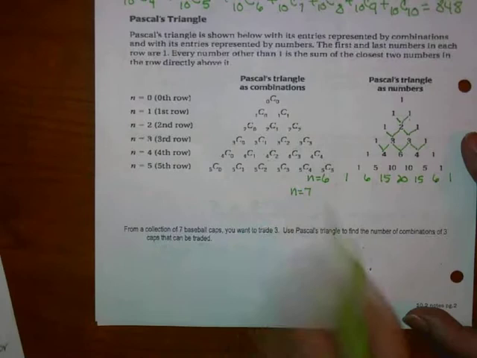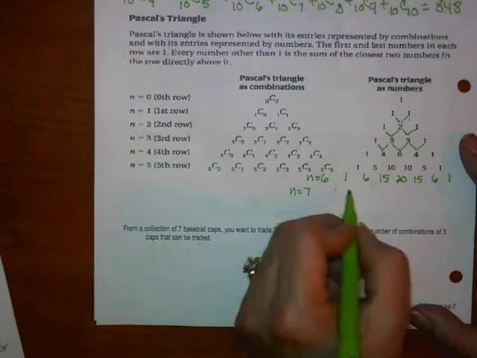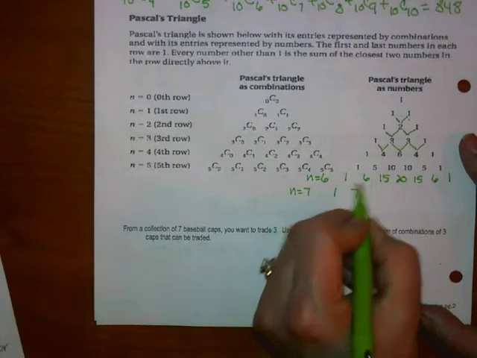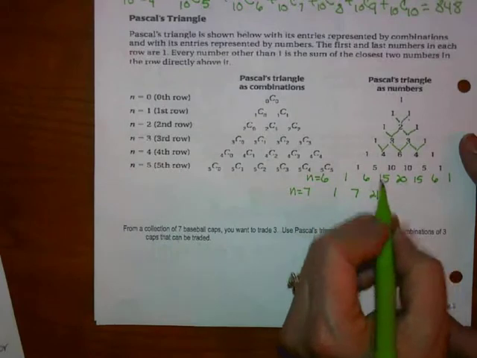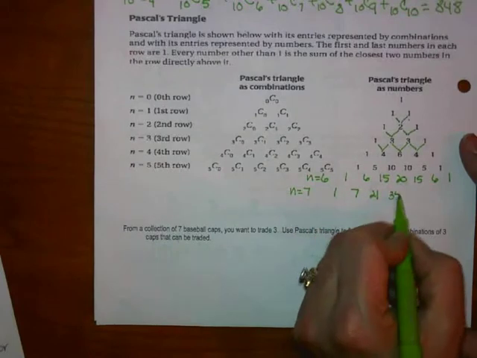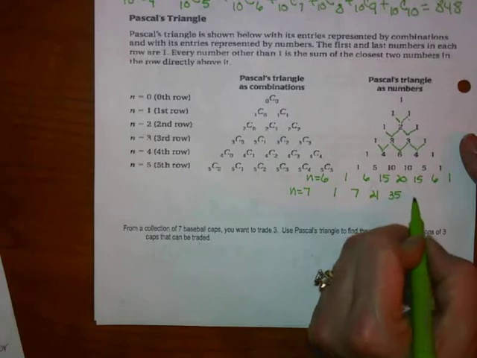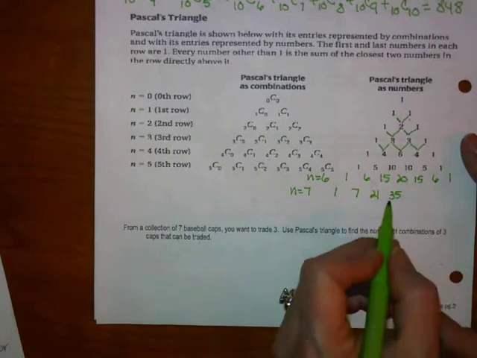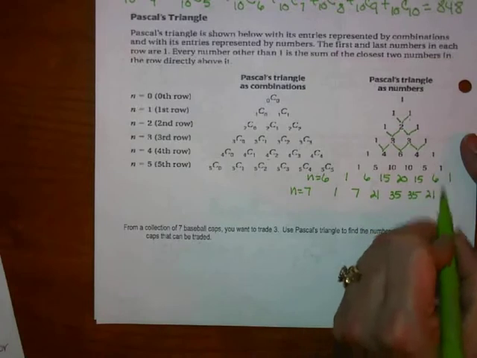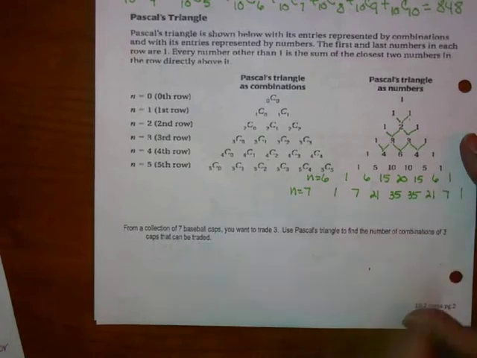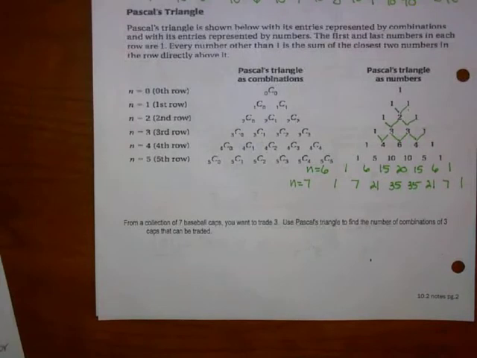Then I'm going to do the 7th row. The outside's always 1, and then you just go across, add 1 and 6, 6 and 15, add the 15 and 20, and then it's just symmetrical as you keep going. 15 and 20 is 35 again, 21, 7, and 1. And that's the 7th row.